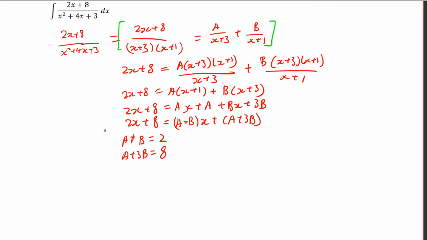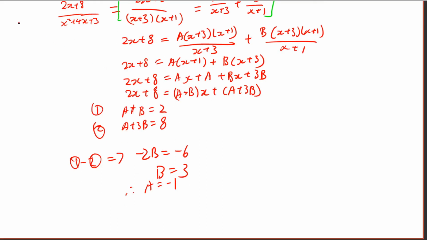Again, if I do 1 minus 2, this is 1, this is 2. 1 minus 2 gives me A - A, which is 0, B - 3B is -2B, and 2 - 8 equals -6. B equals 3. Therefore, A equals -1.